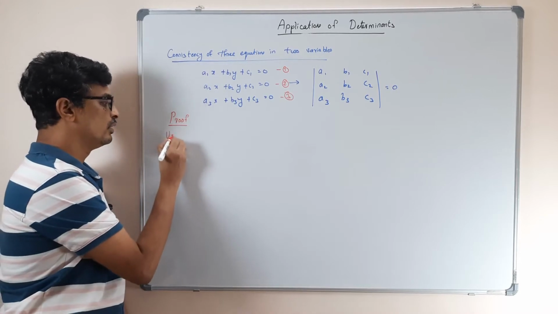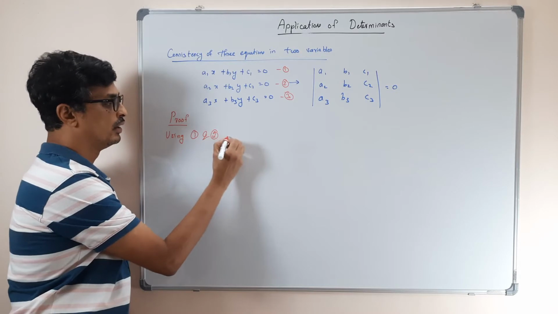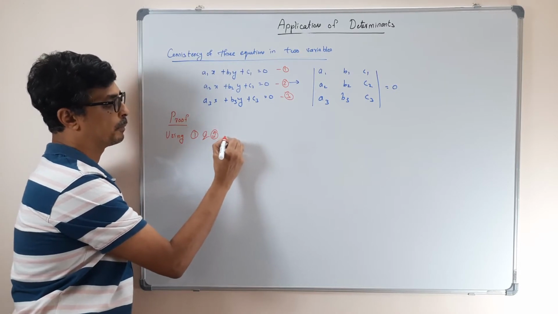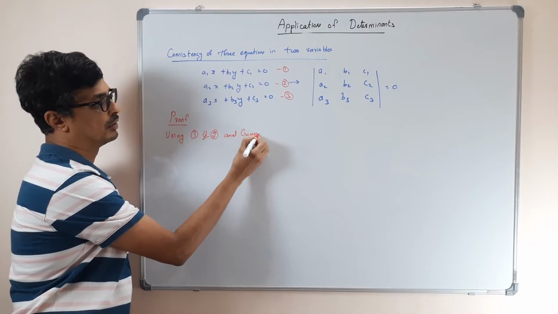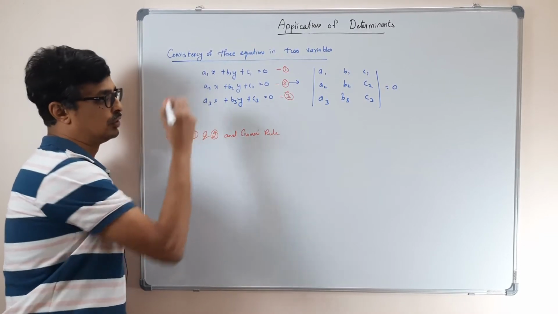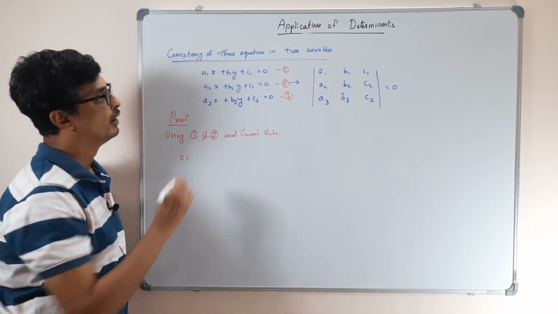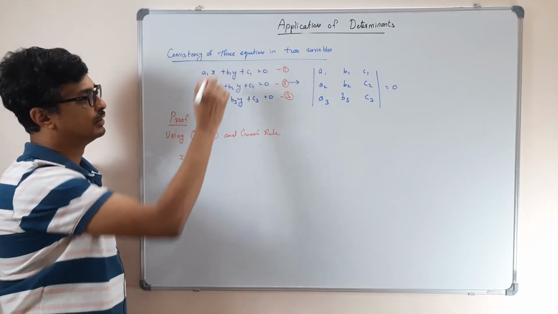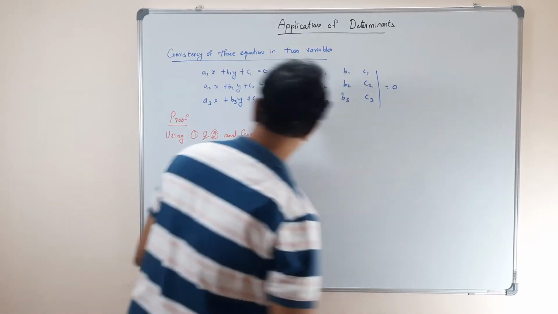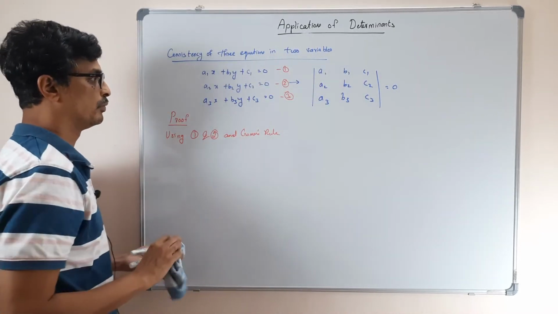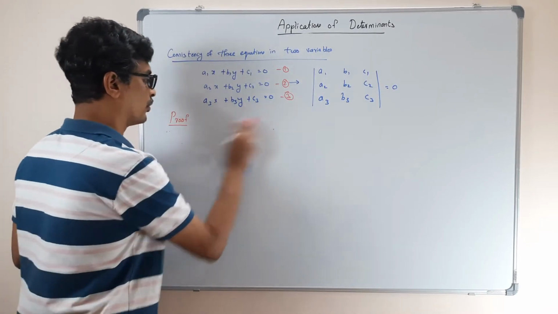So using 1 and 2 and Cramer's rule, what will be the x, you tell me? If you want to write it first in matrix form, tell me what will be the matrix form.